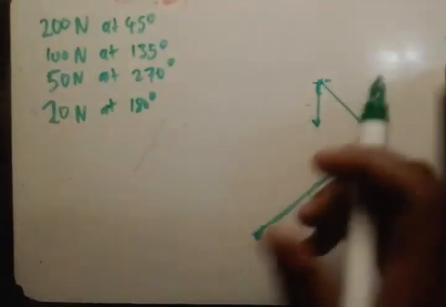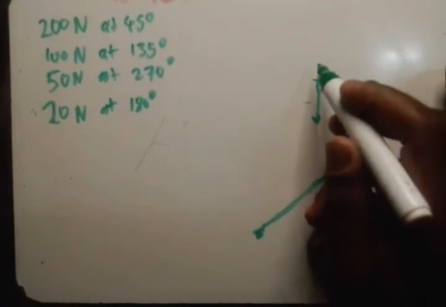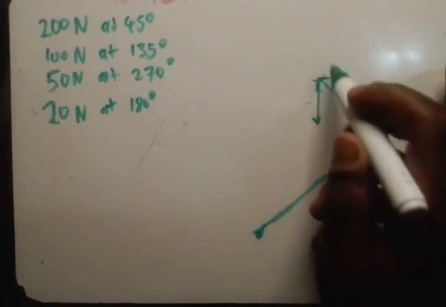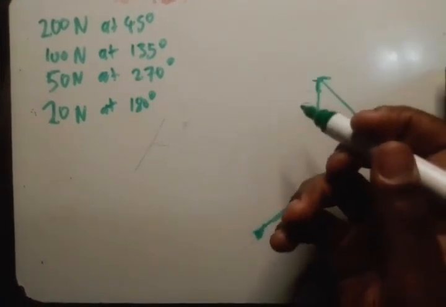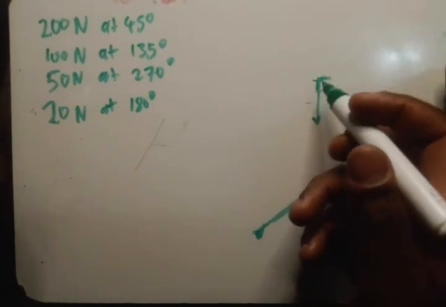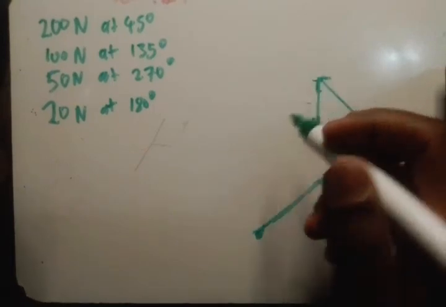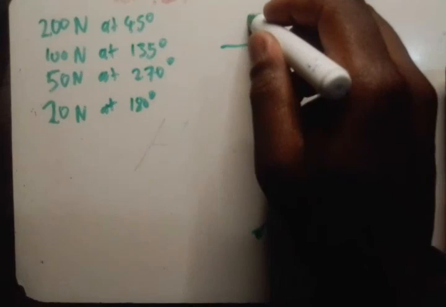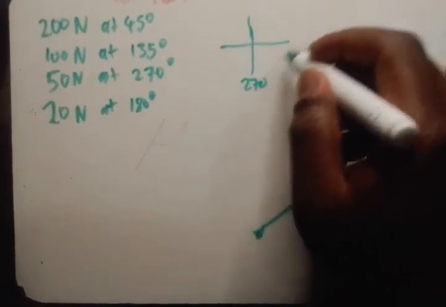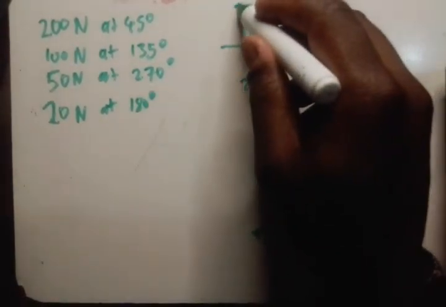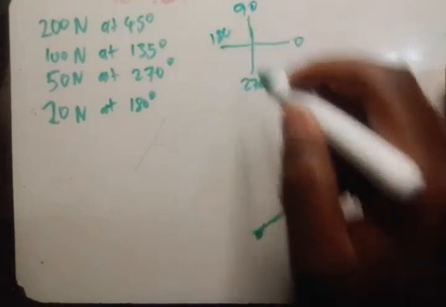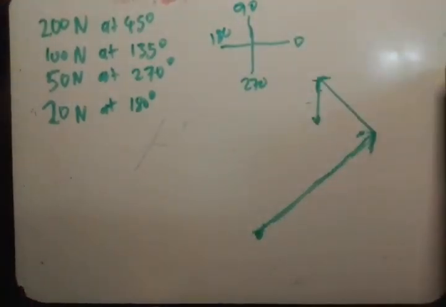If you use your protractor, it's going to be more than 180 degrees, so you will have to turn it upside down and measure 90 degrees, so that can be 270. Remember, this one is 0, this is 90, and this is 180. So 270 is vertically downwards.